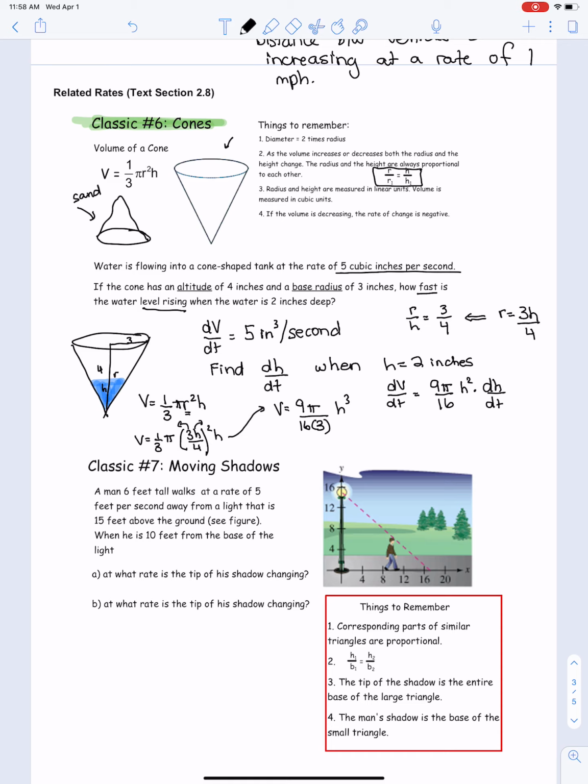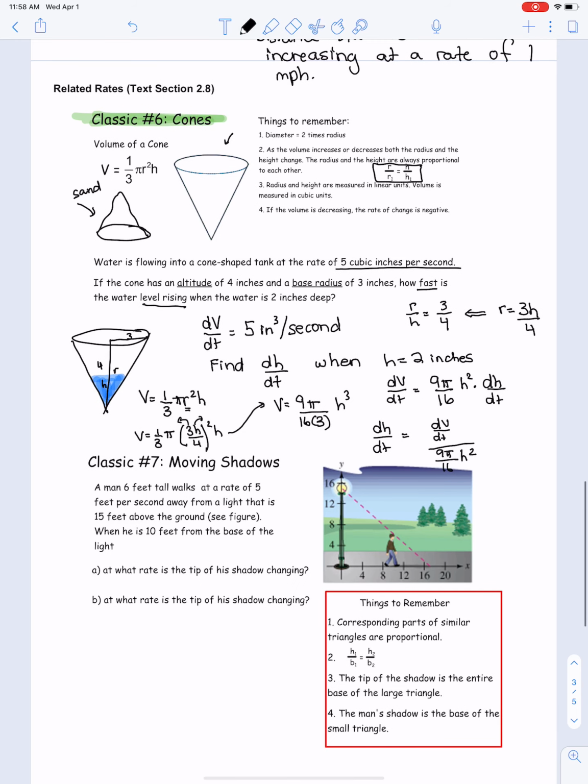So in this problem, we're isolating for dh/dt, which would be giving us dV/dt divided by 9 pi over 16 h squared. And then I'm ready to sub in my values. dV/dt was 5, 9 pi over 16, my h was 2, and then I square it and I get 4, and then that would work out to 0.7 inches, because we're talking about a height, per time unit, which is per second.